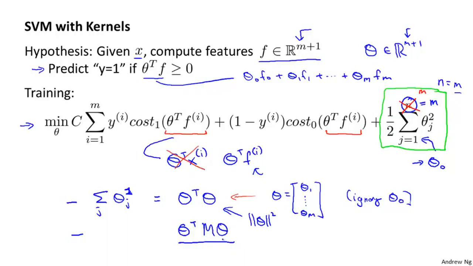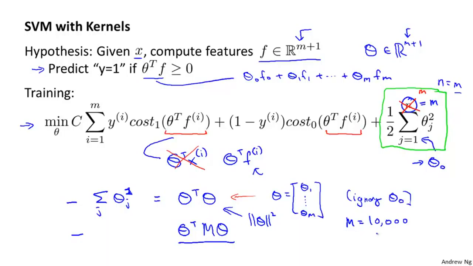But this is a mathematical detail that allows the support vector machine software to run much more efficiently. The reason the support vector machine does this is that this modification allows it to scale to much bigger training sets. For example, if you have a training set with 10,000 training examples, then the way we define landmarks, we end up with 10,000 landmarks, and so theta becomes 10,000 dimensional.